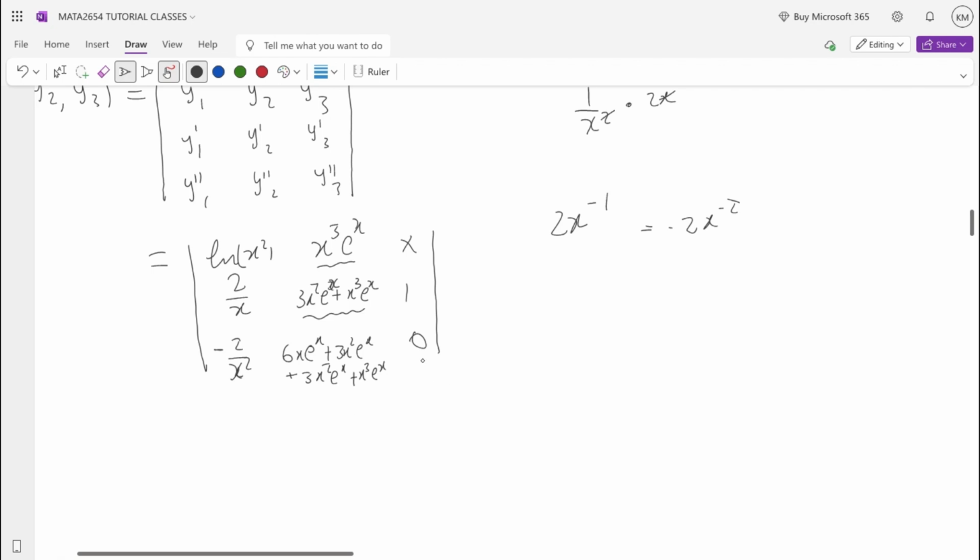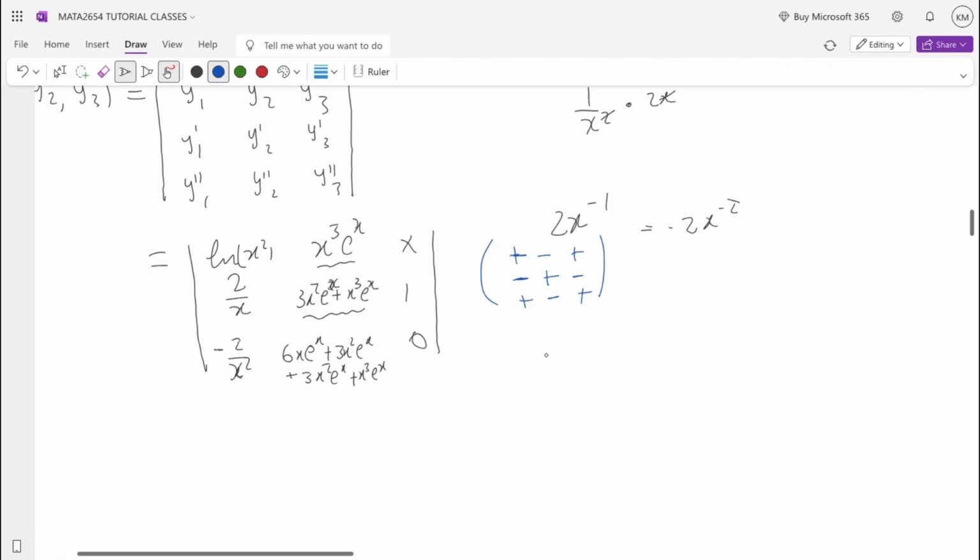Now we want to find the determinant of that. I can pick and choose whichever one makes my life easier, right? When you find the determinant of a 3 by 3, just remember this: plus, minus, plus, minus, plus, minus, plus, minus, plus.